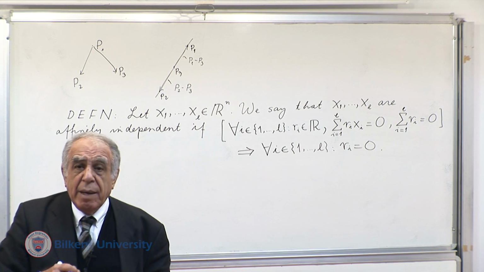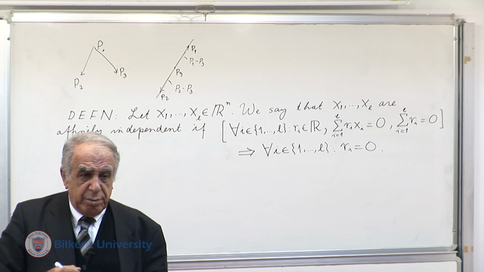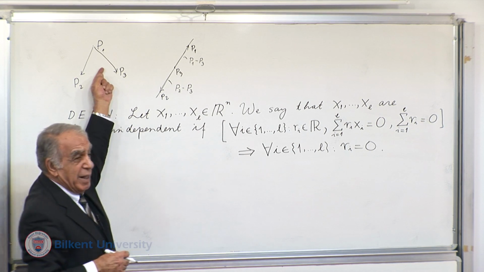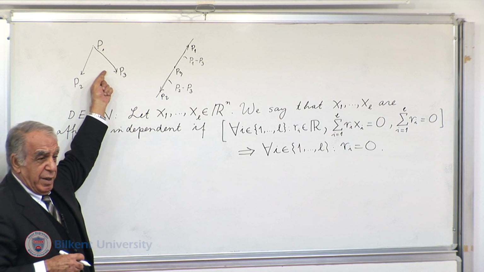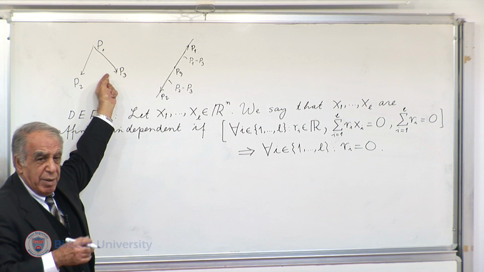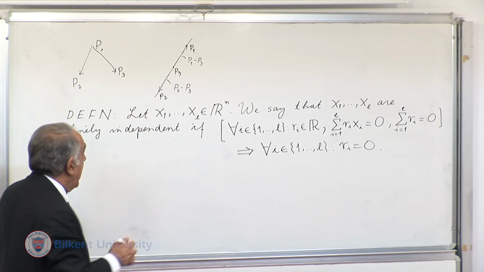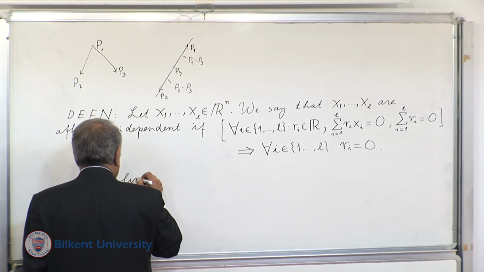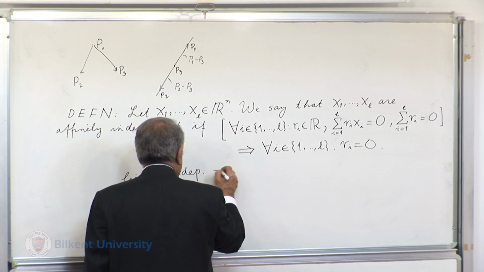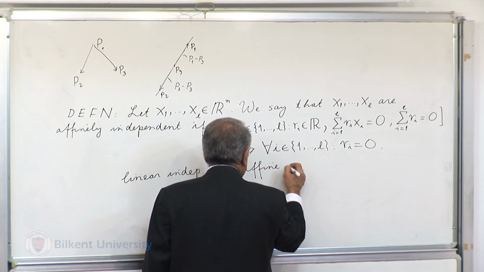Thus, linear independence implies affine independence, but you can easily see, as in here, these will be 3 points in R2, which are not collinear, can easily be checked to be affinely independent, but they will be linearly dependent. Okay? Now, linear independence will imply affine independence.